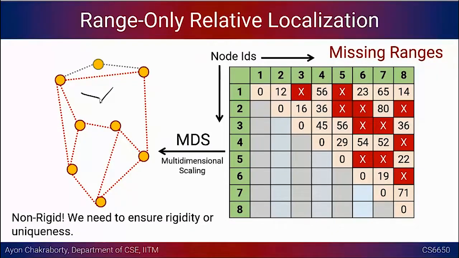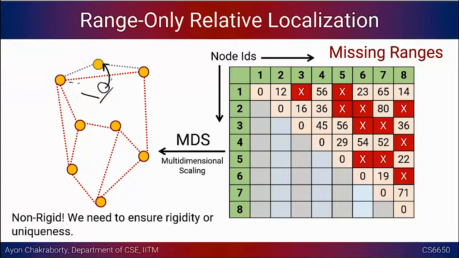Whereas in this case, you can very easily see that the node was originally here, and you could simply flip the node to this side, which makes the entire configuration non-rigid. So the relative localization is not going to be satisfied; the relative position of the nodes changes if you are able to flip a certain node to the other side of the graph.